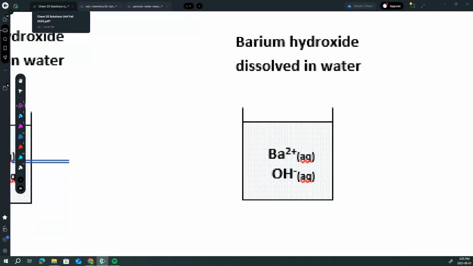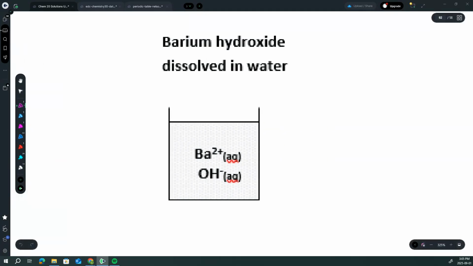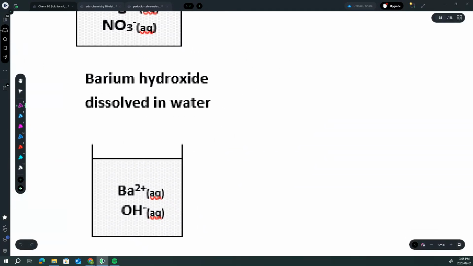So just keep that in mind, since I am recommending that you use the Chem 30 data booklet over the Nelson periodic table booklet, or data sheet I should say. We are going to say that this is actually insoluble, but just keep in mind there is a slight difference between the two solubility tables.